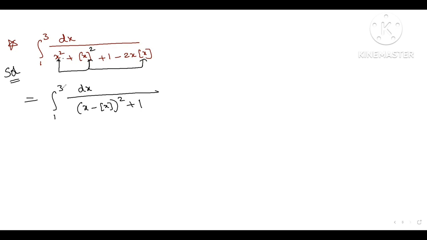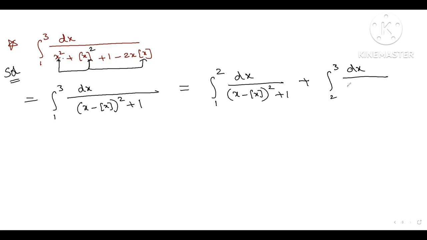Here between 1 to 3, the integer value is 2. So ∫₁² dx/((x - [x])² + 1) + ∫₂³ dx/((x - [x])² + 1). In between 1 to 2, the integral part of x is 1. In between 2 to 3, the integral part of x is 2.